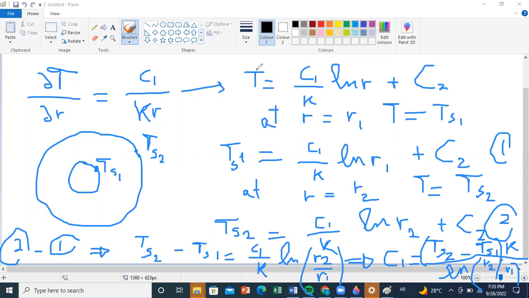Okay. So now, after we got C1, if we go back to the expression of our flux, we can get what is Q. Okay, let us write it together again.